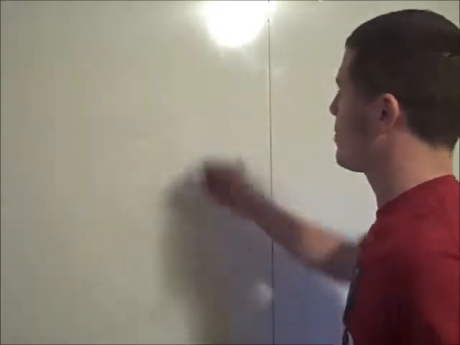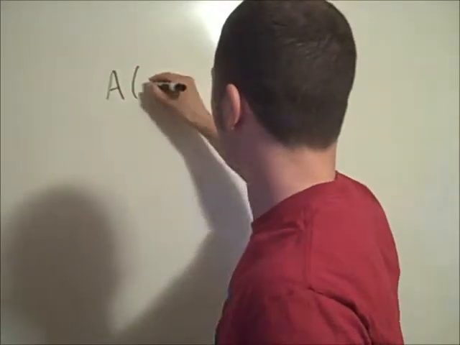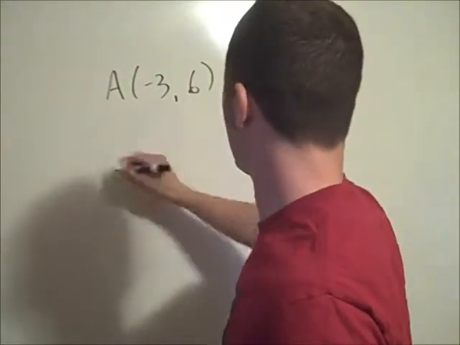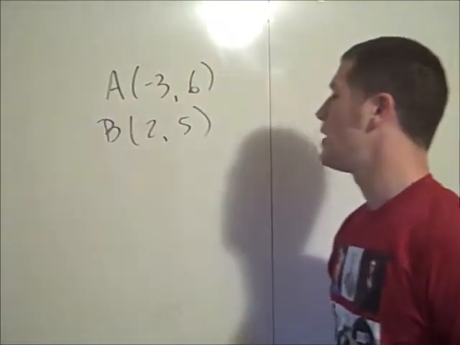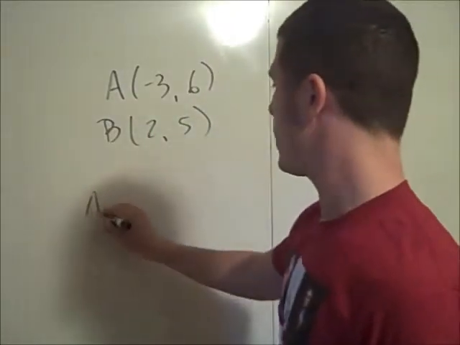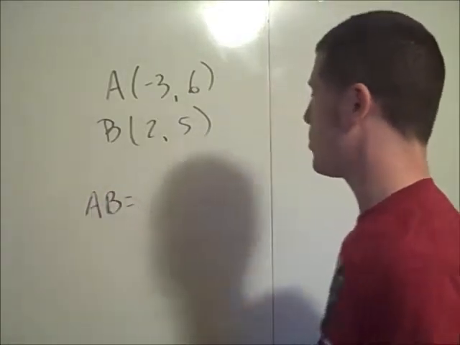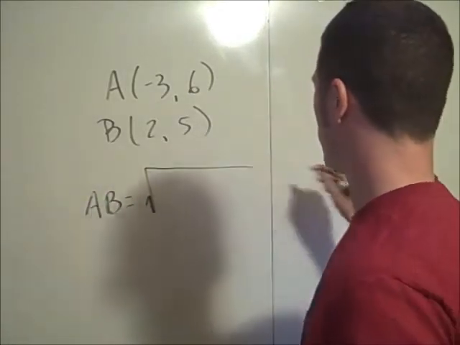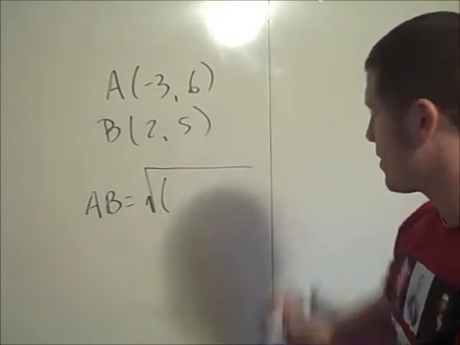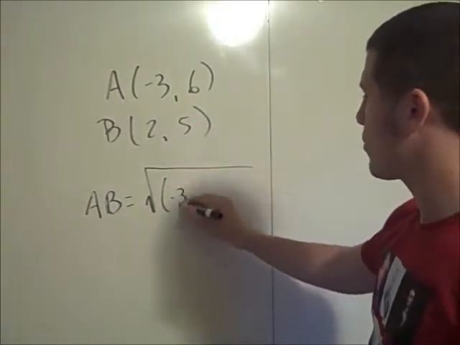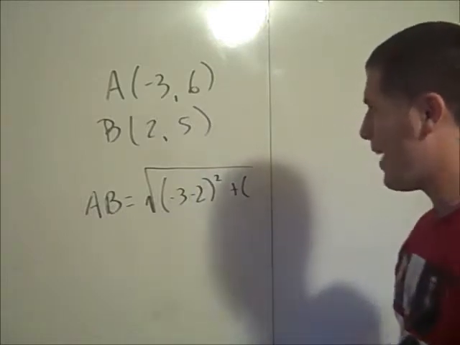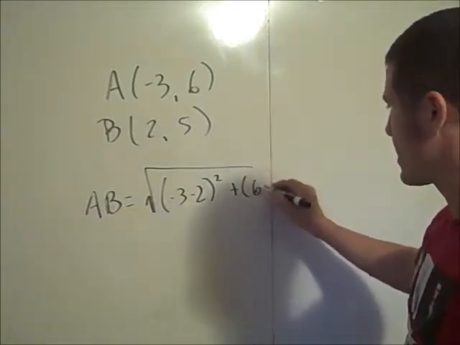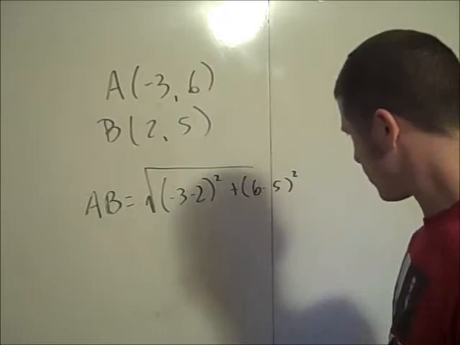So, I guess I'll name these points something else. What if I have A is the point negative 3, 6, and B is the point 2, 5, or something? So we want to find the length AB. This is going to be the square root of the difference of the x values squared, so negative 3 minus 2 squared, plus the difference of the y values squared, 6 minus 5 squared.